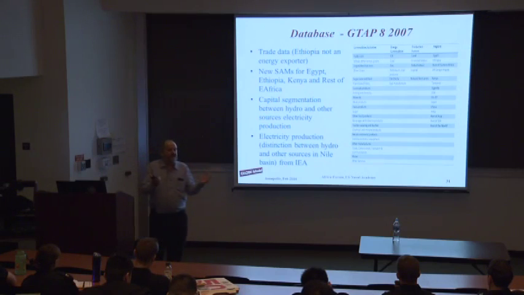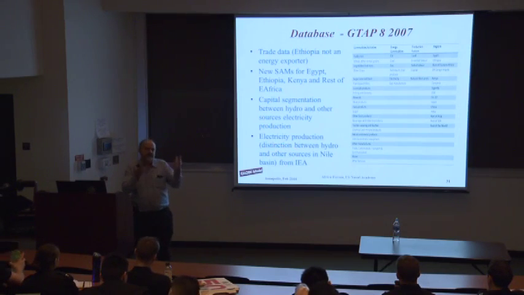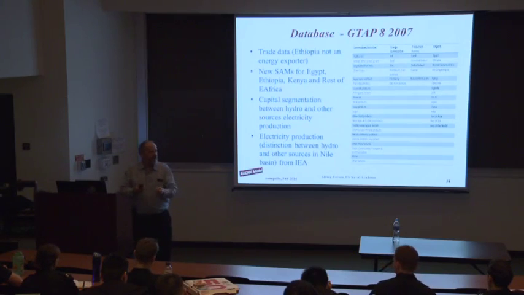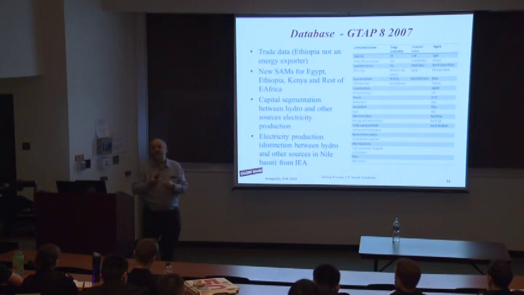It just has electricity generation, whether it's by hydro or what. So we've included data to segment the electricity generation into a sector that generates electricity using hydropower, which has one cost structure, and other means of generating which has another one, which for instance uses a lot of fossil fuel. Yeah?